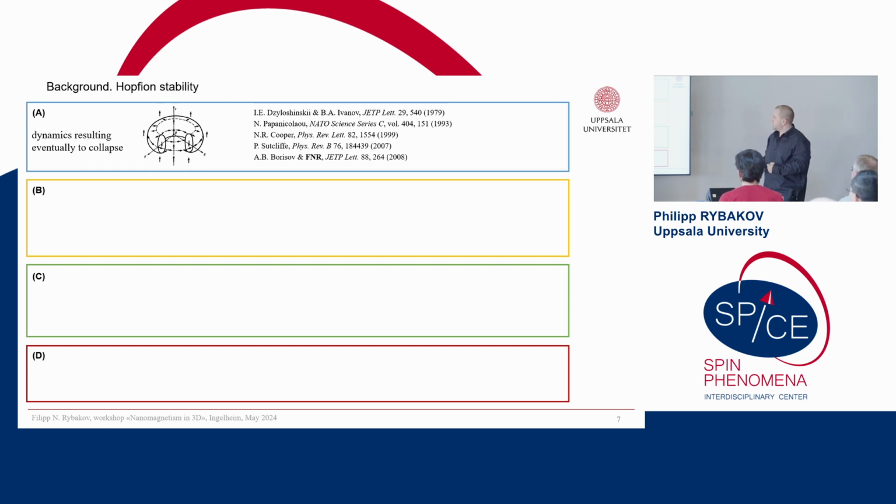Something will happen. But what will happen necessarily leads to collapse if the Hamiltonian is the usual Hamiltonian for magnets containing, let's say, exchange and maybe anisotropies. This is because of the Hobart-Derrick argument, so we cannot have a statically stable hopfion in such a simple model. Yeah, but it is of certain interest, mathematical maybe.